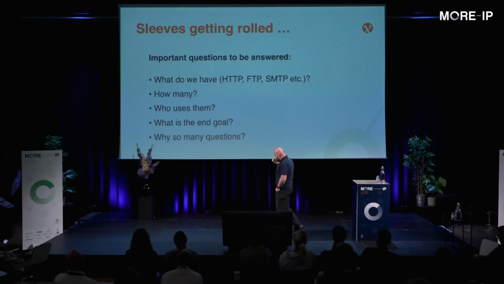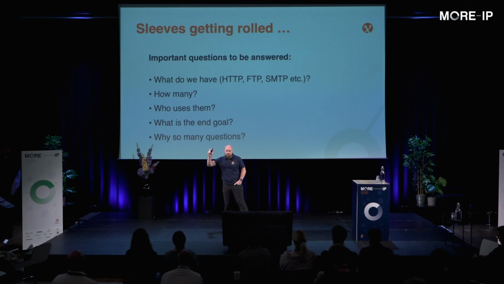So the first thing I started looking at is getting the project actually defined. So what do we have? What do we actually need to be under SSL? A lot of HTTP, some FTP, some SMTP. How many? At this point, I think we're about 500 to 600 endpoints. Who uses them?